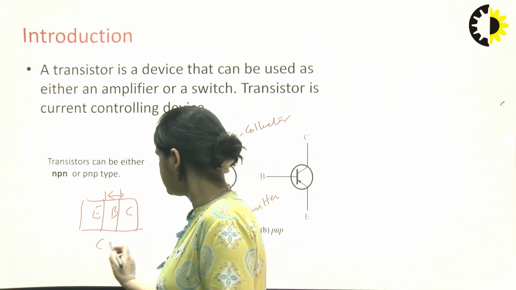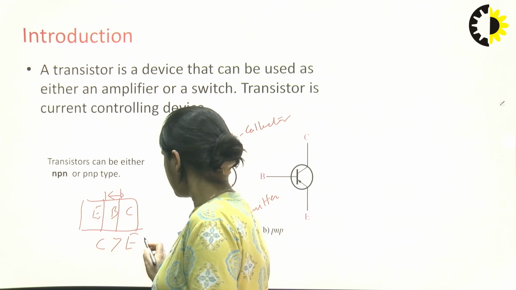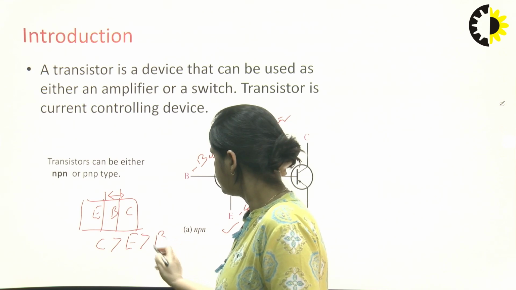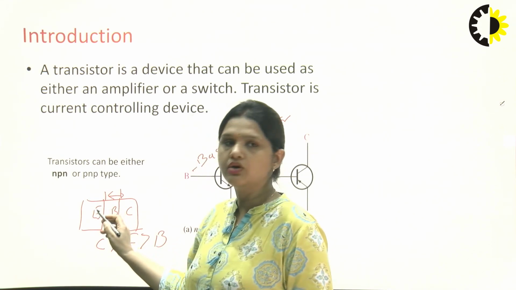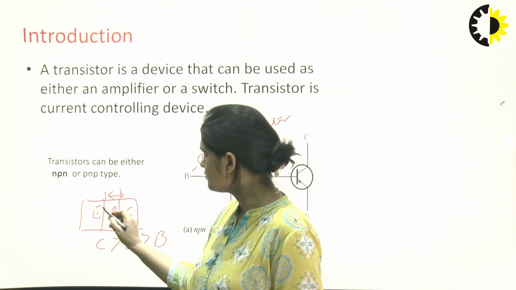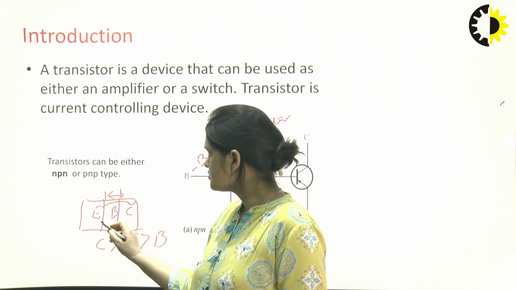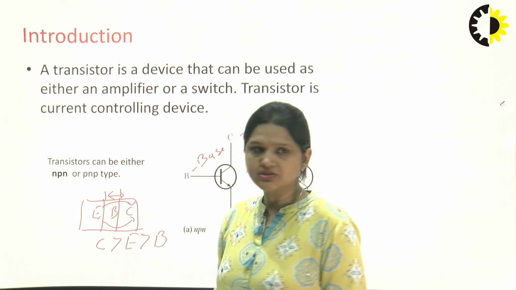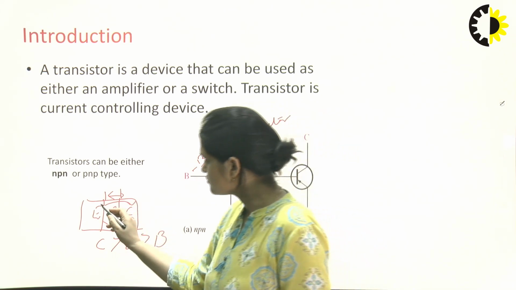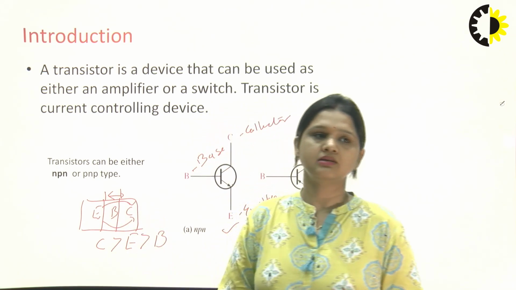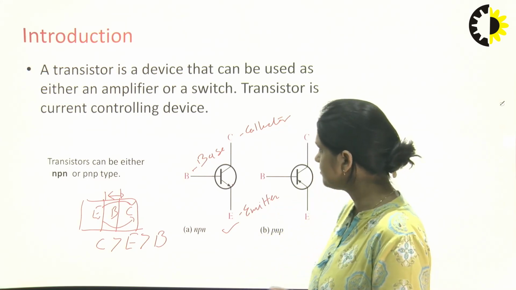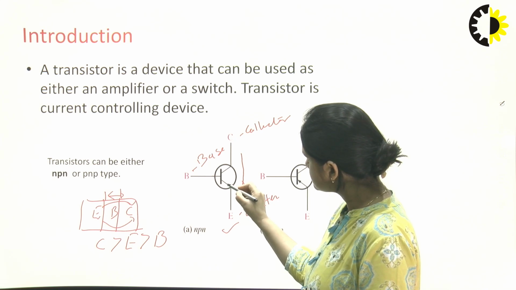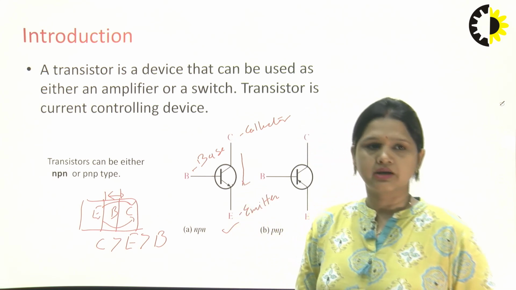So you can write that the collector area is greater than the emitter and base as well, because the electrons or charge carriers emitted from the emitter reach the collector by crossing the base junction. When electrons flow from emitter to collector, the direction of current is from collector to emitter. So this is showing the direction of the current.